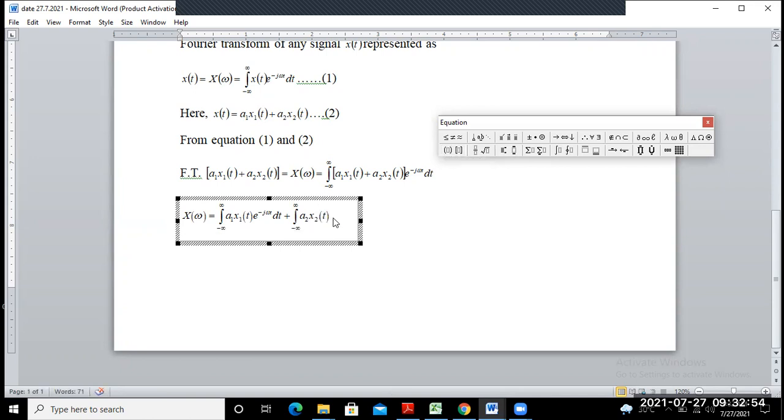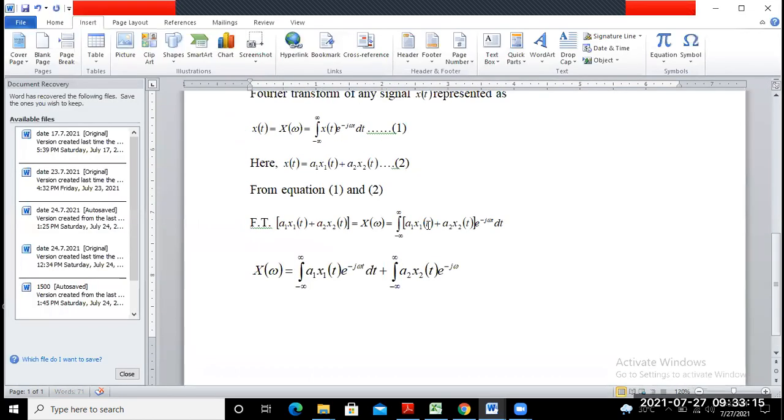Into e to the power minus j omega t dt. Okay.